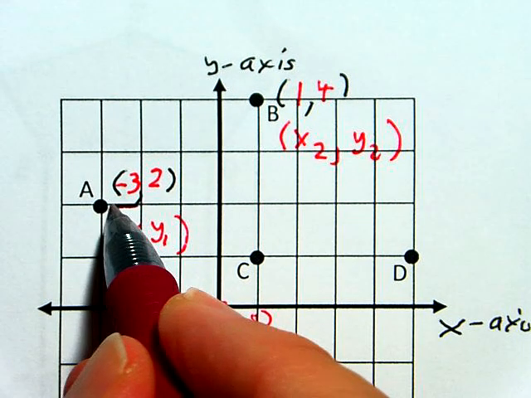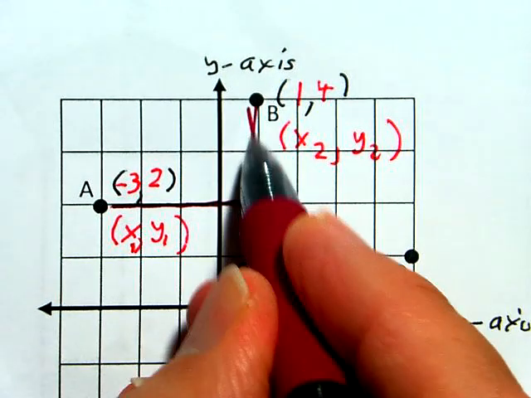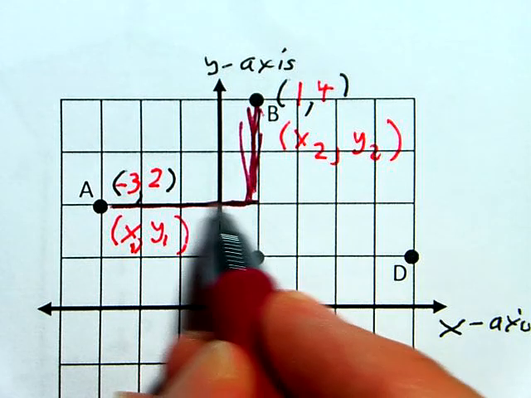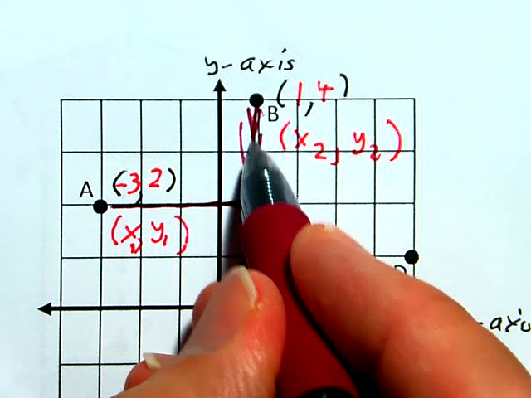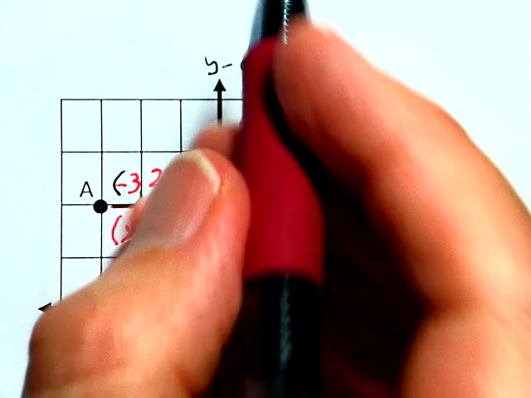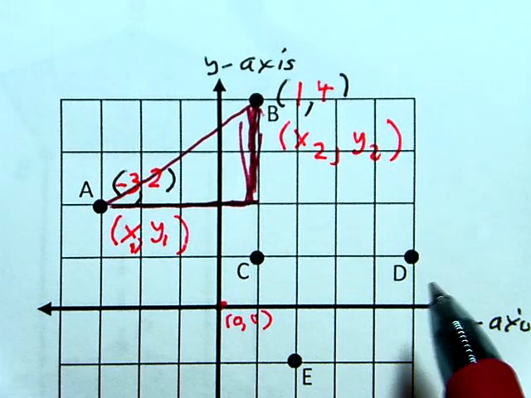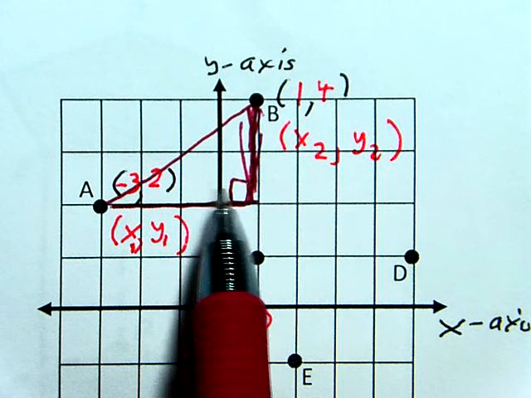We're going to draw a right triangle. This is one side. This is another side. These are sides we know the distance of because they're lying parallel to the x and the y axis. I'm sorry, I did a sloppy job with this line. And then finally, this is the distance we're interested in, the distance from A to B. It turns out to be the hypotenuse of a right triangle.